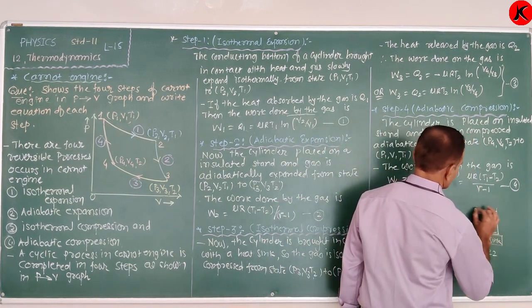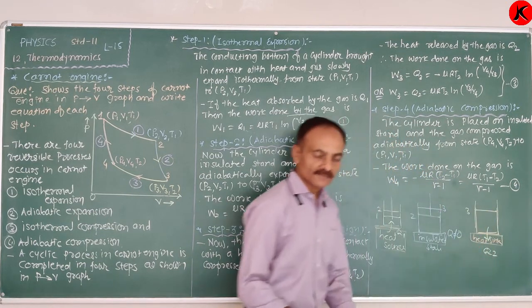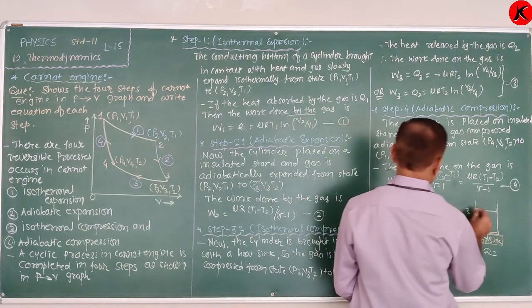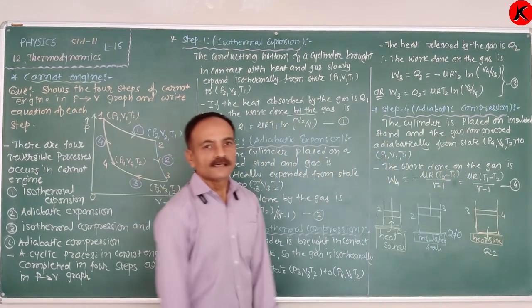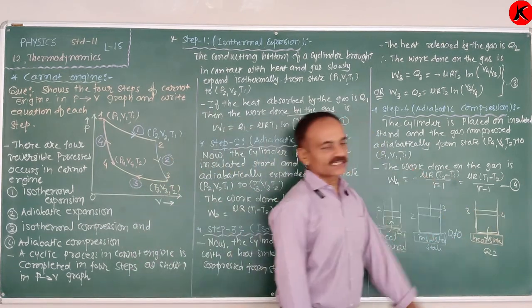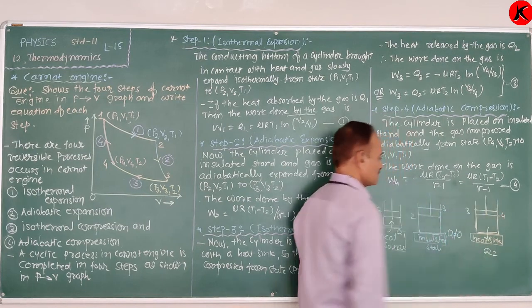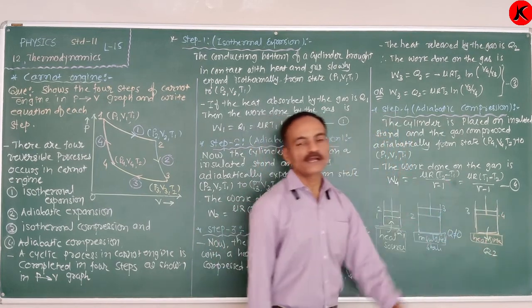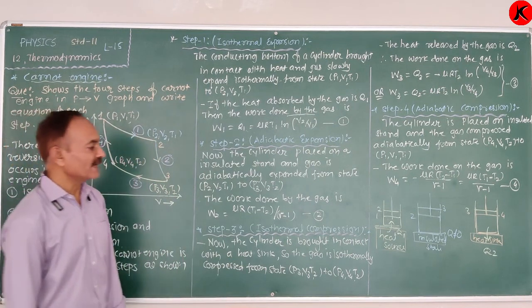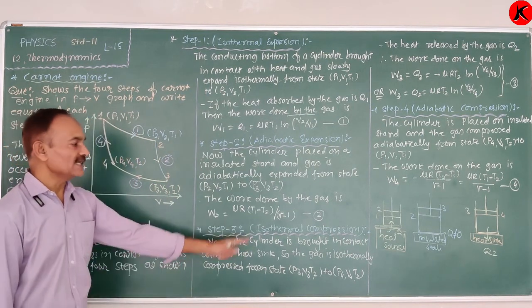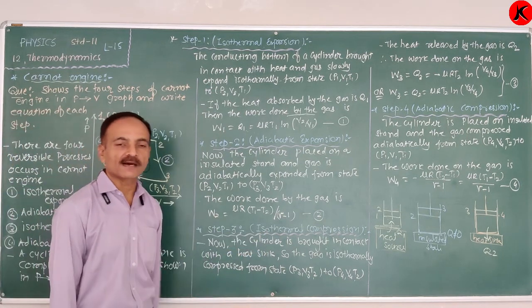Initially, the working substance is in the third state. Now it is compressed and the new state is the fourth state of the gas, because the working substance releases the heat Q2 into the heat sink. Here the temperature remains constant, therefore it is isothermal, and the volume is decreased, therefore isothermal compression.